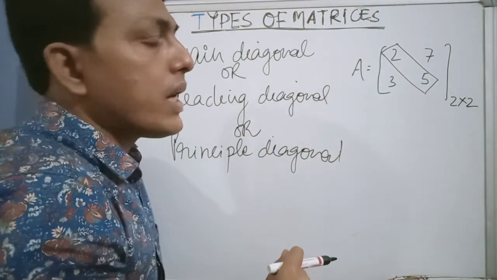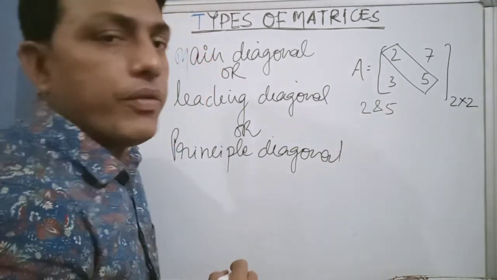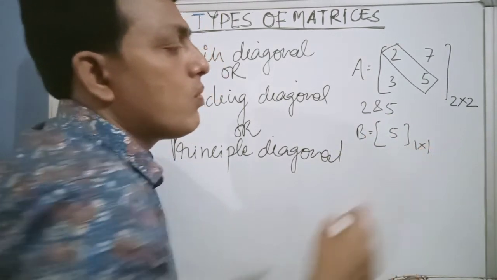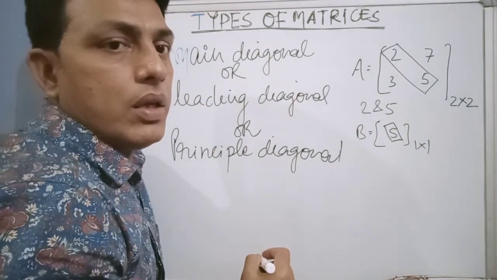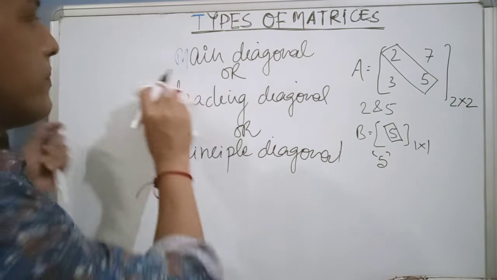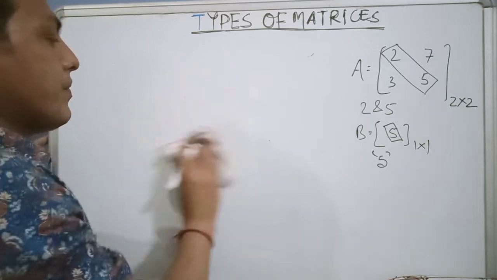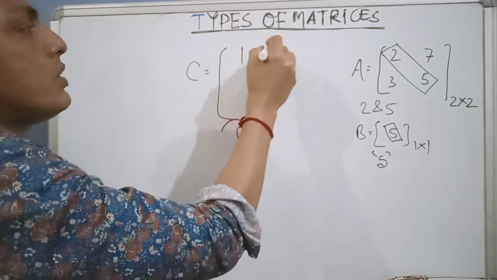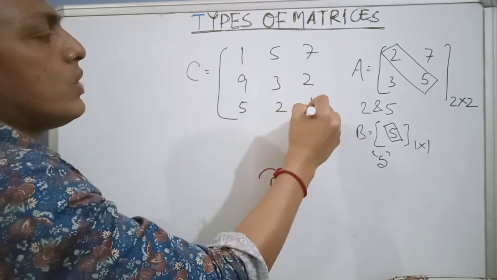So this leading diagonal consists of two elements, 2 and 5. The smallest square matrix is this 1 by 1. This is the leading diagonal, which consists of only one element, that is 5. And see this matrix 1, 5, 7, 9, 3, 2, 5, 2, 1.